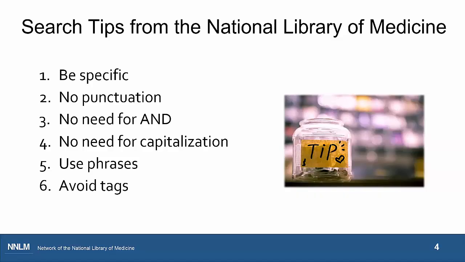In most cases, you should start your search without using tags, such as the mesh tag or the title and abstract tag, because tags turn off PubMed's automatic processing. And lastly, PubMed is smart, so let it do the work for you. It can distinguish between subject words, journal titles, and author names based on years' worth of data, and we're going to go into a lot of detail today about how PubMed does this.